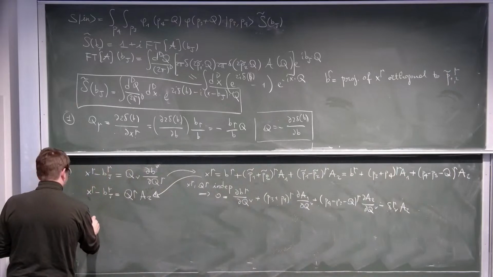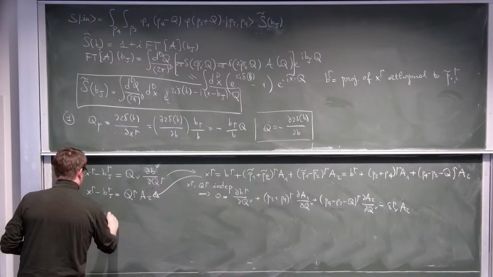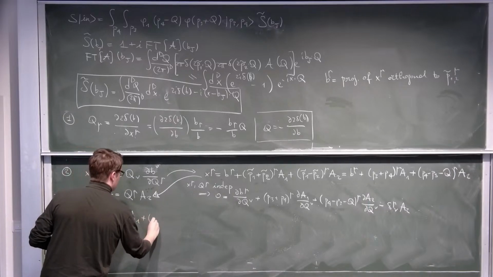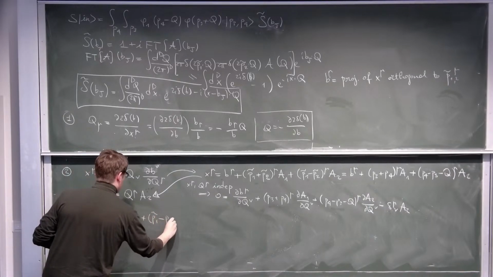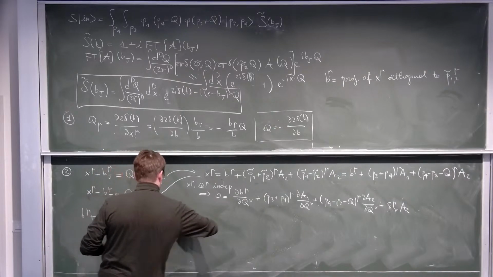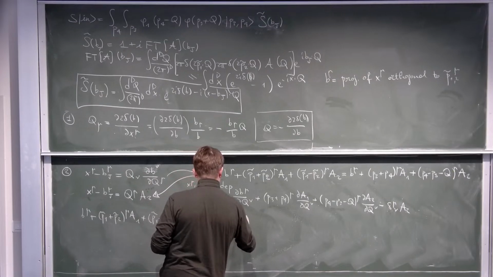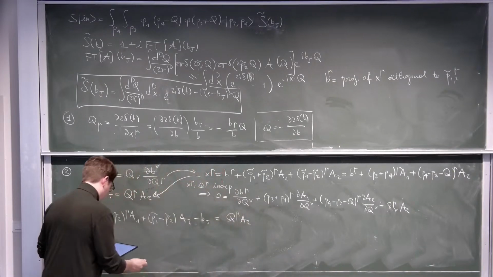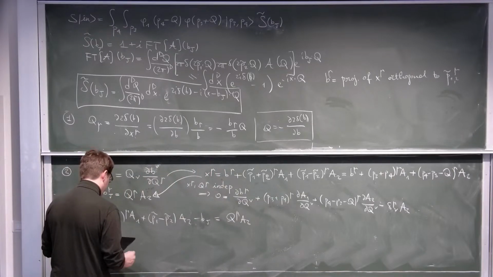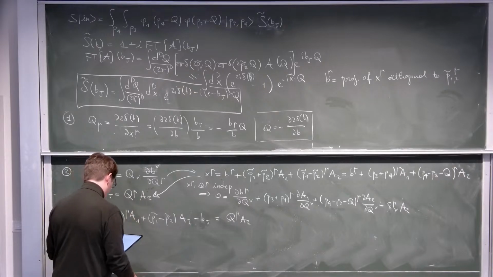So, b plus, minus bj are equal to q a2. And now we have to remember that p1 tilde and p2 tilde are related to p1 and p2. Now we want to express things in terms of the incoming state.